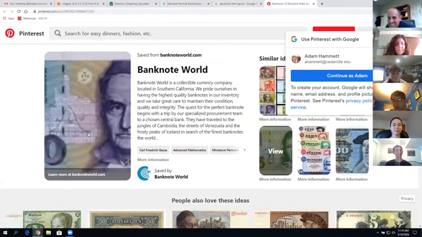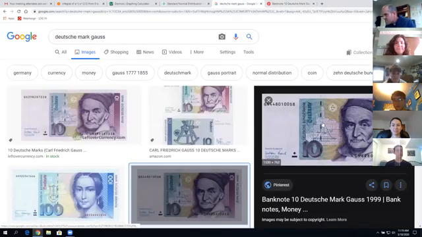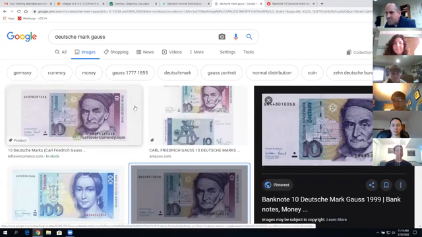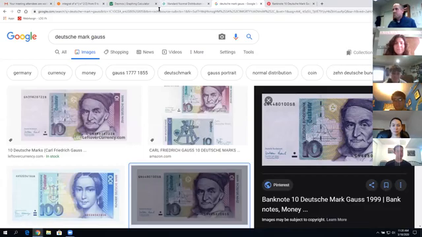On the old Deutschmark, C.F. Gauss, German mathematician, got his picture on the 10 denomination Deutschmark, and there's a picture of the bell-shaped curve on there, the normal distribution, which I think is kind of interesting. There it is, a little bit clearer right here. There's the bell-shaped curve. Yeah, I think that's pretty cool. A little bit of math history.